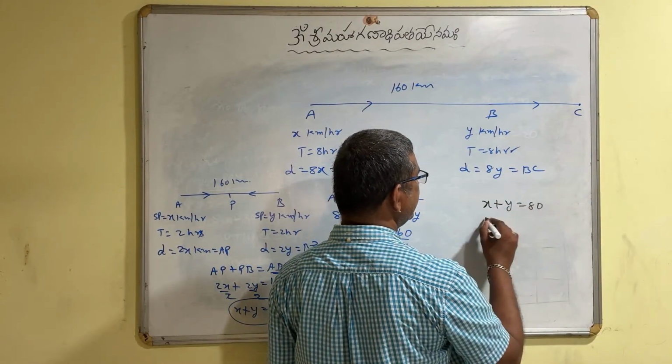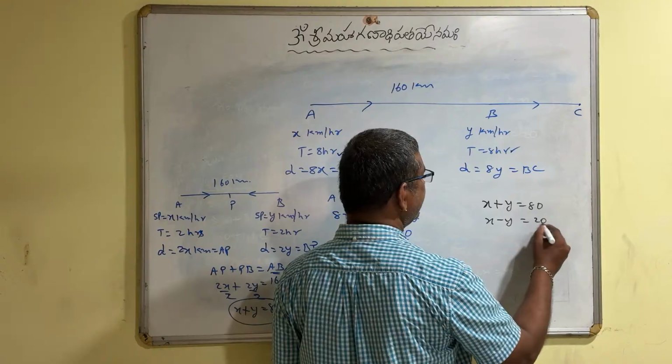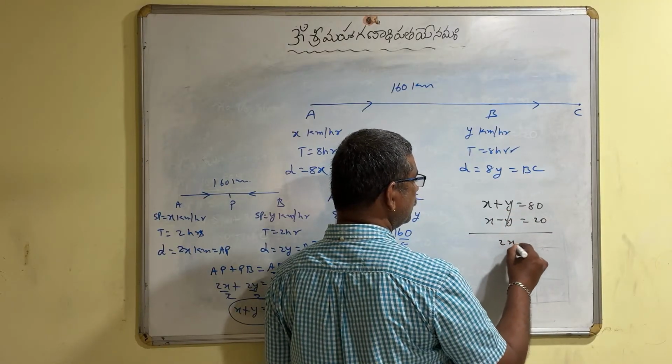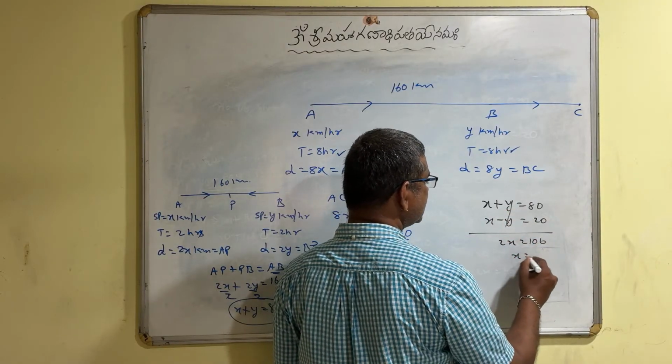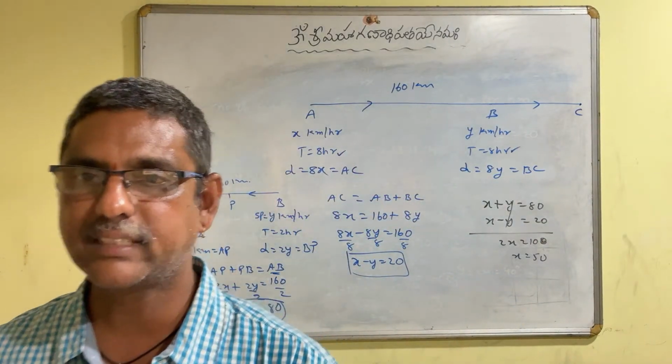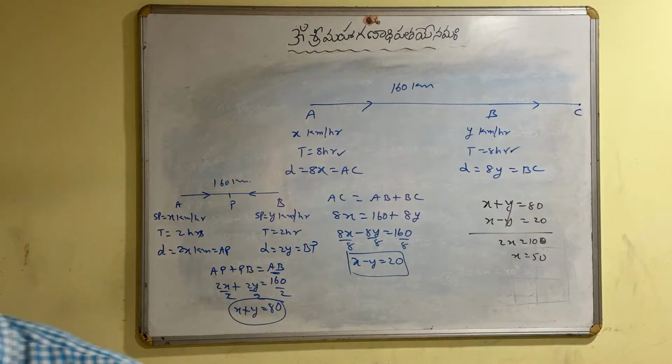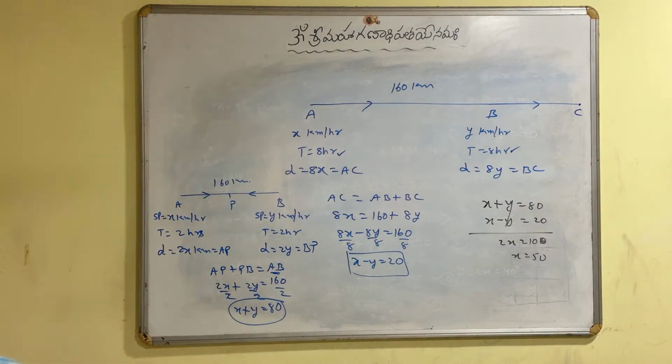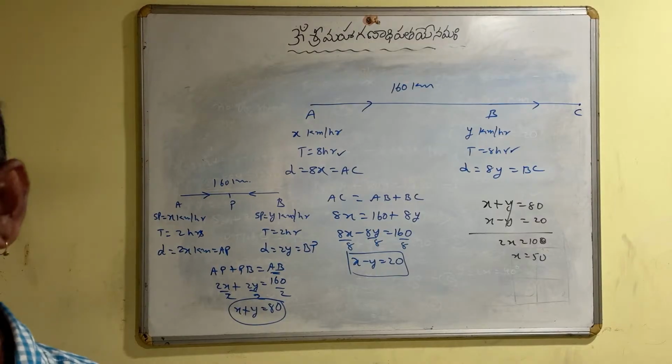X plus y 80, x minus y 20, 2x 100, x 50. If x is 50, then y is 30, because their sum is 80.